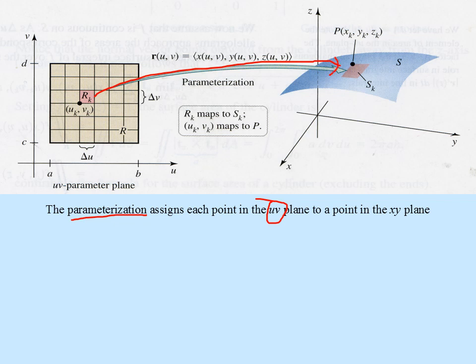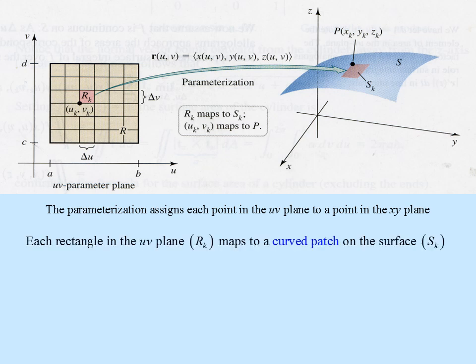And so the rectangle that we have illustrated here in the UV plane, we're going to be mapping onto this patch, which is going to be curved, probably, not necessarily, in the XY plane. We're calling that the surface that we're integrating over. So we're going to describe the area of that patch by delta S.